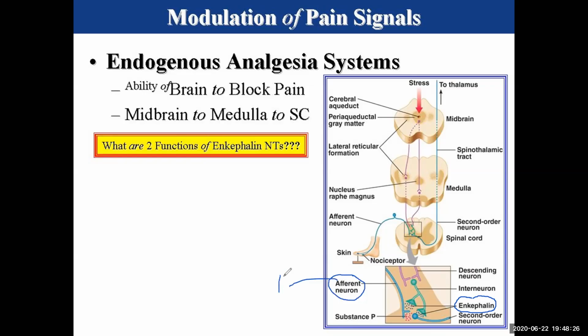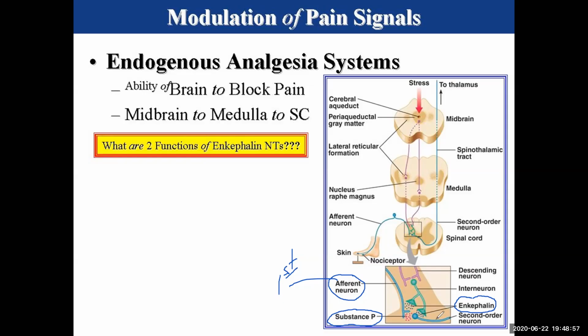This is the first order neuron, right? So the first order neuron releases substance P, a neurotransmitter. So if the enkephalin is released, it will basically hyperpolarize the axon terminal of the first order neuron, making it release less substance P. If you have less substance P, you will have less EPSP generated by the second order neuron.